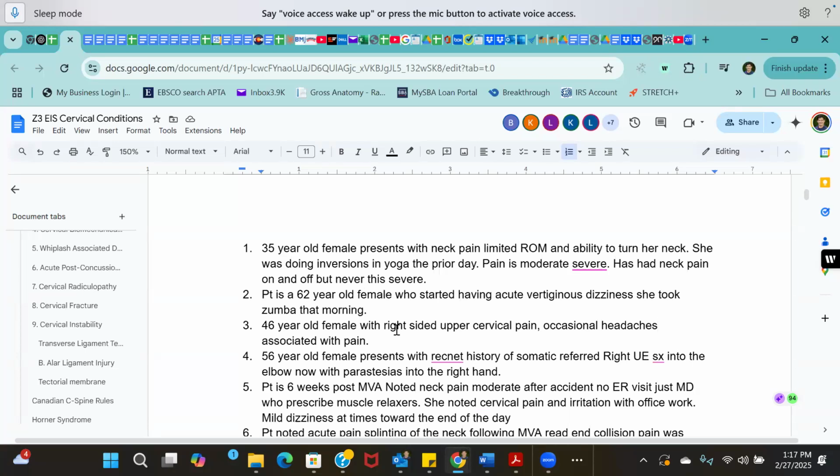Okay. I haven't seen a ton of those, but in terms of a cervicogenic headache, what type of dizziness would it likely be?